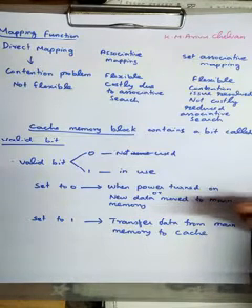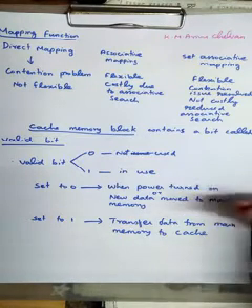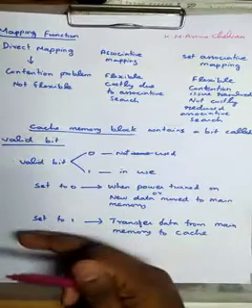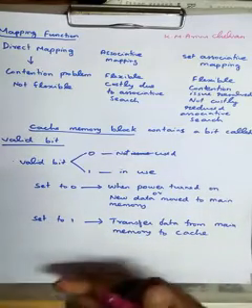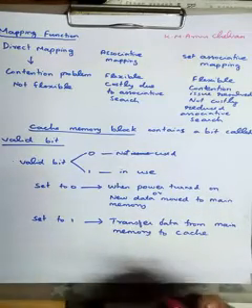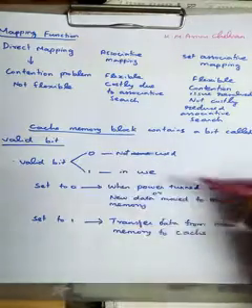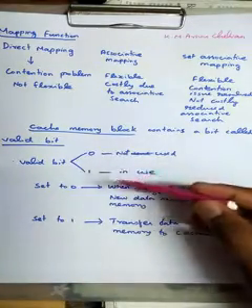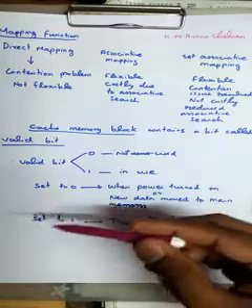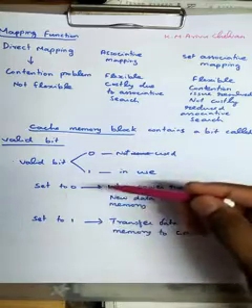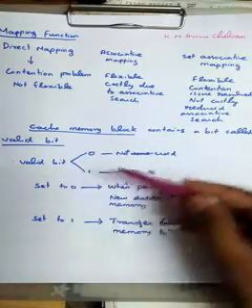So whatever data is available in main memory should be in cache, so that the processor can take it easily and the performance of the computer will be better. So this valid bit is one of the important bits. Apart from the modified bit or dirty bit that we already studied, this valid bit is also present in cache memory.